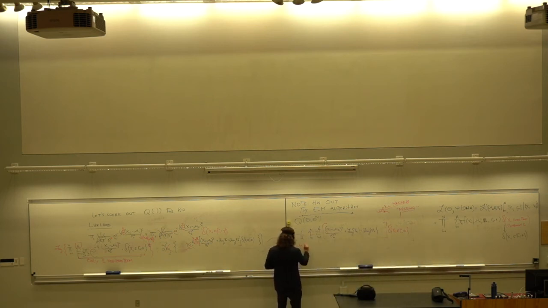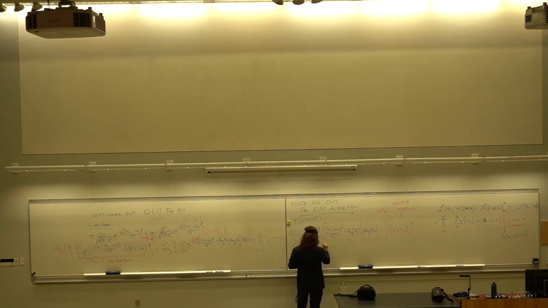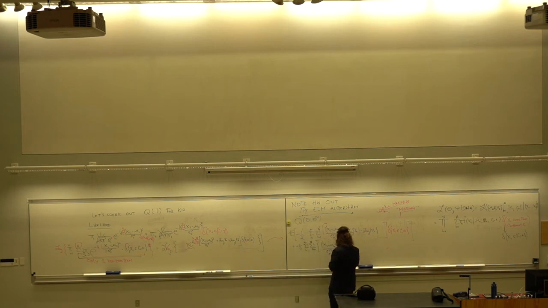minus 1/2, double sum. i goes from 1 to n, k goes from 1 to capital K. (xi minus mu k) squared over sigma k squared plus logarithm pi k minus the logarithm of sigma k.